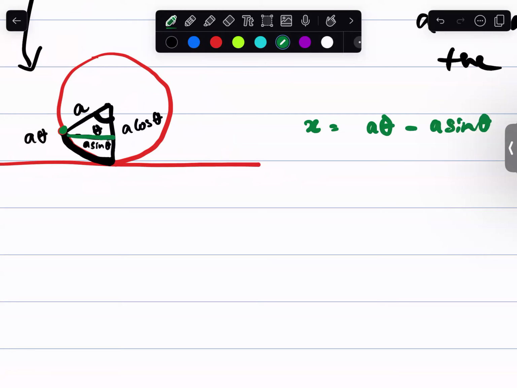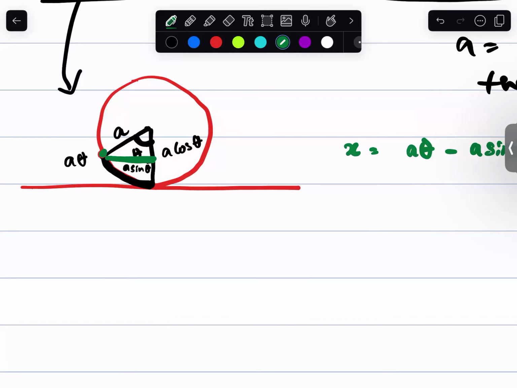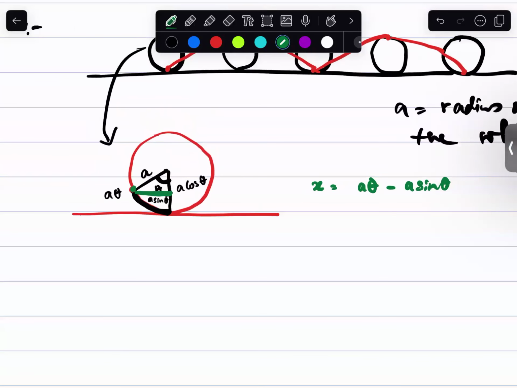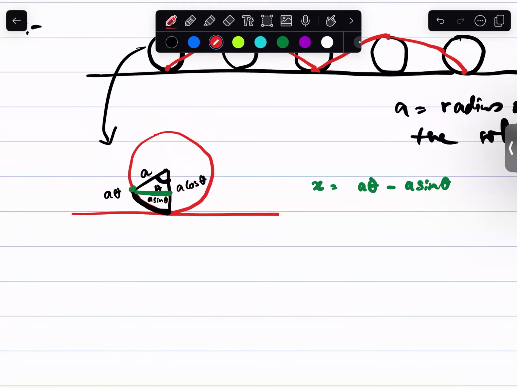Because this length is a sin theta. I'm writing this just to complete it. The parametric equations are given by these two formulas, where theta is between 0 and 2 pi.